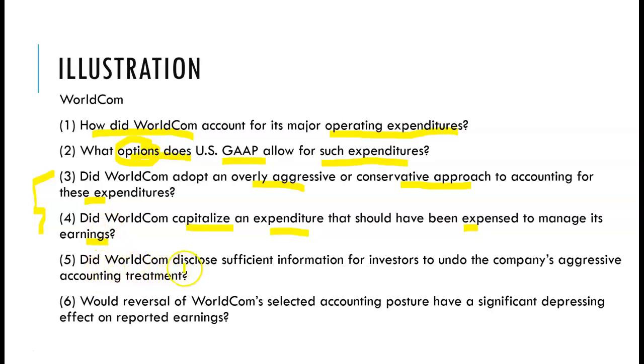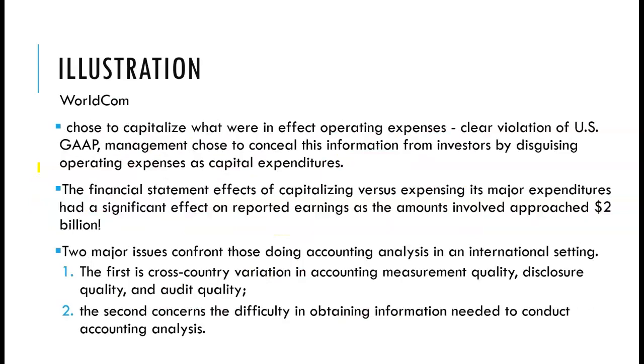Did WorldCom disclose sufficient information for investors to undo the company's aggressive accounting treatment? And lastly, would reversal of WorldCom's selective accounting posture have a significant depressing effect on reported earnings? So these are the questions that, as an analyst, you should ask when you analyze the WorldCom financial statements.